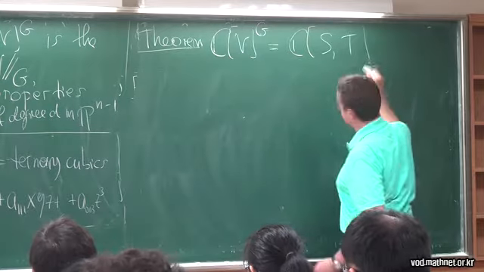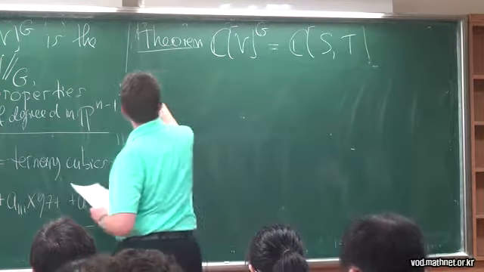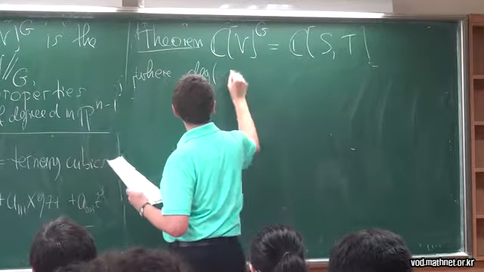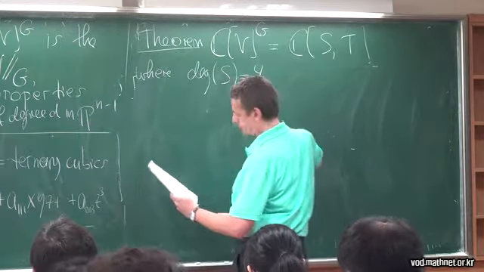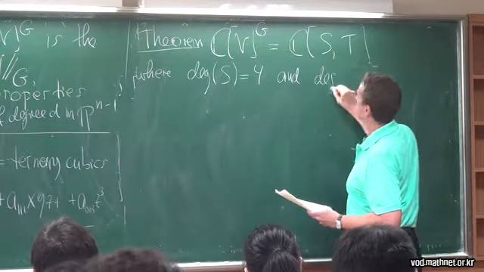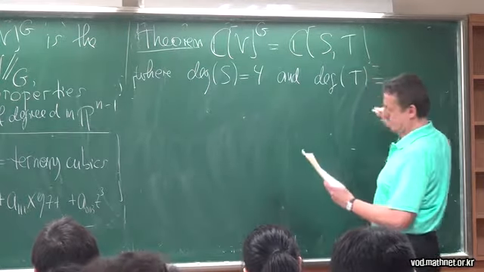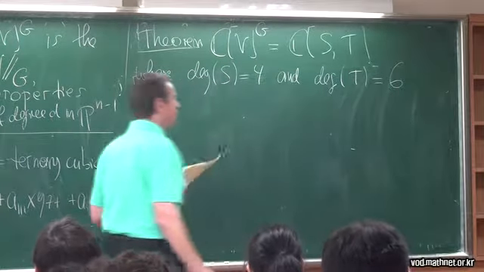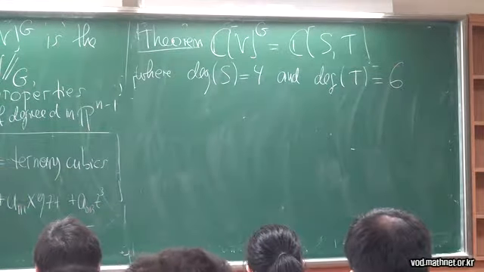S and T are the fundamental invariants, where the degree of S is 4 and the degree of T is 6. Up to scaling these are unique.